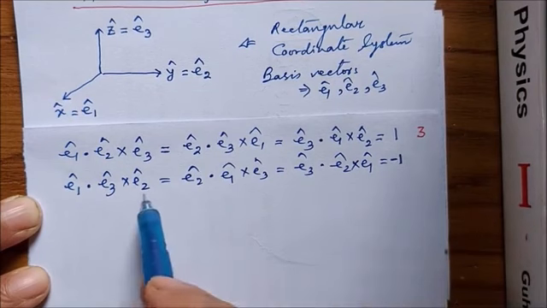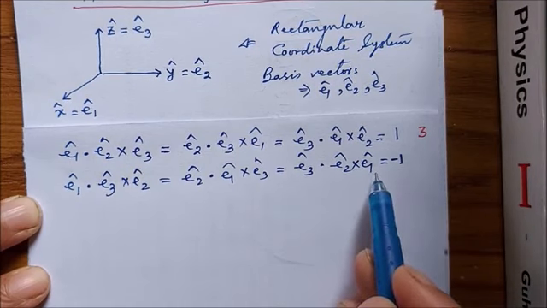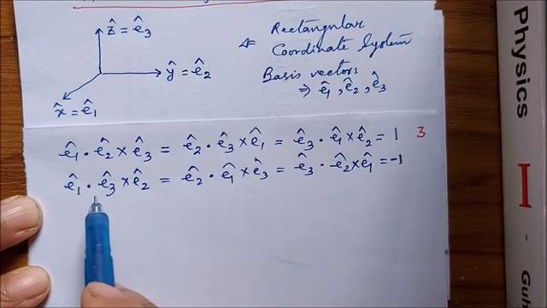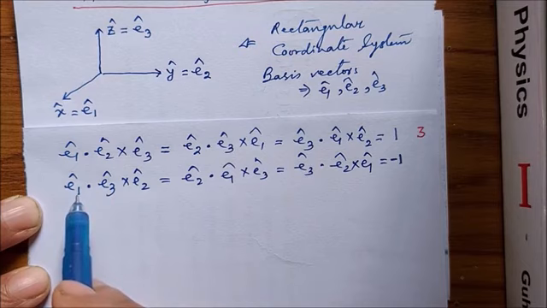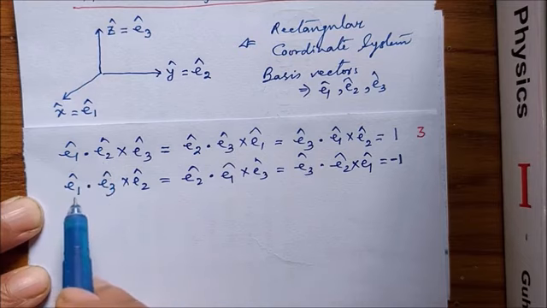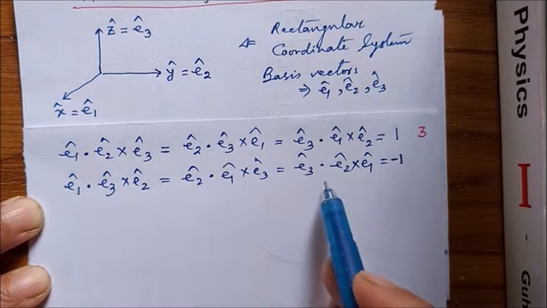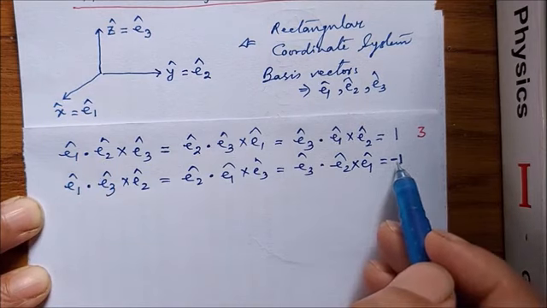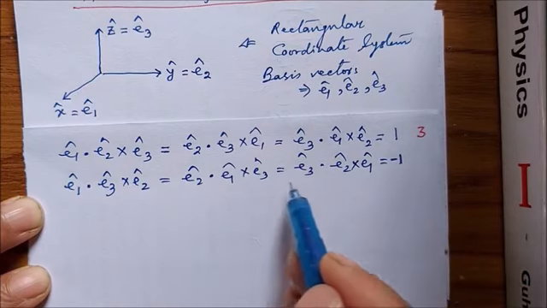Now a study of these three relations shows that the indices 1, 2 and 3 occur anticyclically. After 1, 2 should come, but here we have 3. So for this anticyclic occurrence of the indices, the value of the scalar triple product is -1, and we have three such relations.